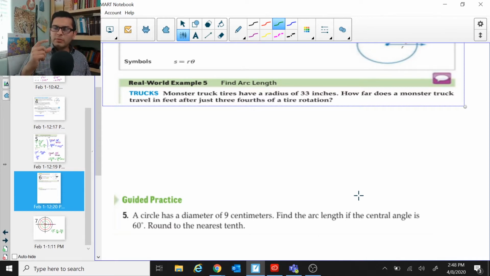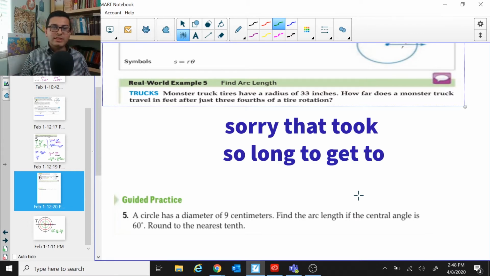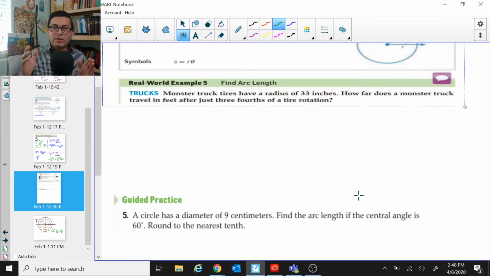So every time the tire moves, the car moves as well. And it can only go as far as the arc length that it has turned. So all this question is asking is, what is the arc length of 3/4 of this tire?